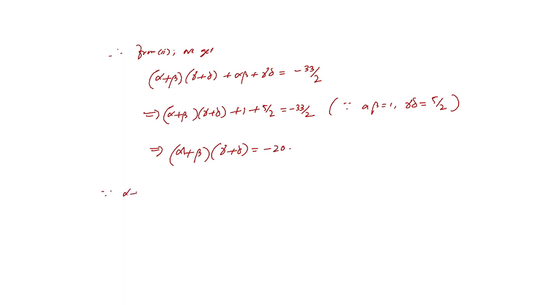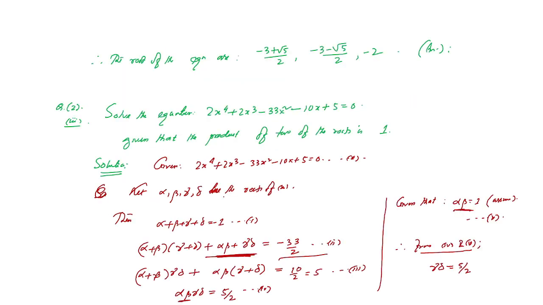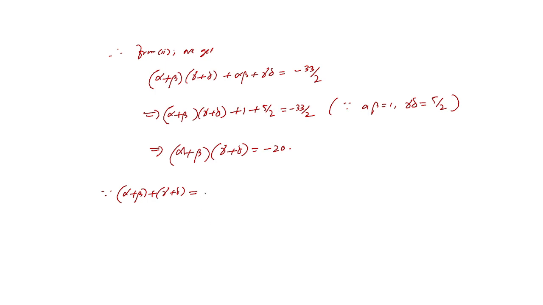So now the sum of alpha plus beta and gamma plus delta is minus 1, and we have seen that alpha plus beta into gamma plus delta equals minus 20.